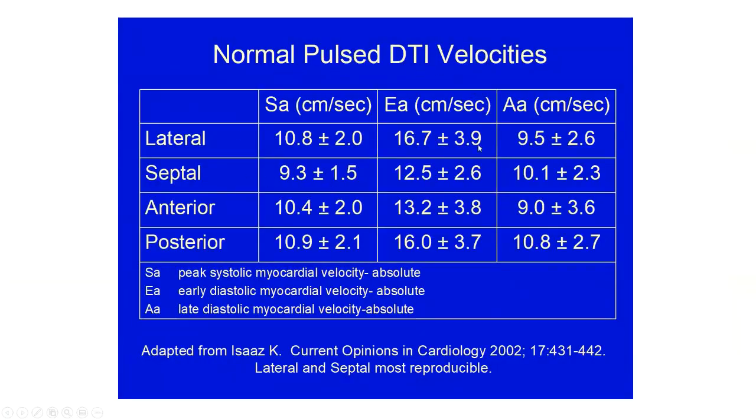I just show this slide to illustrate that the lateral tissue Doppler velocities in diastole are higher than the septal tissue Doppler velocities in normal individuals. And there is an age dependence of this over time.